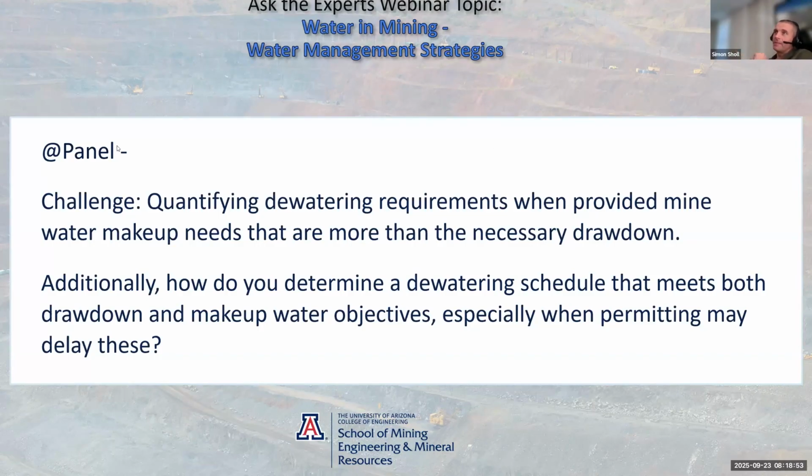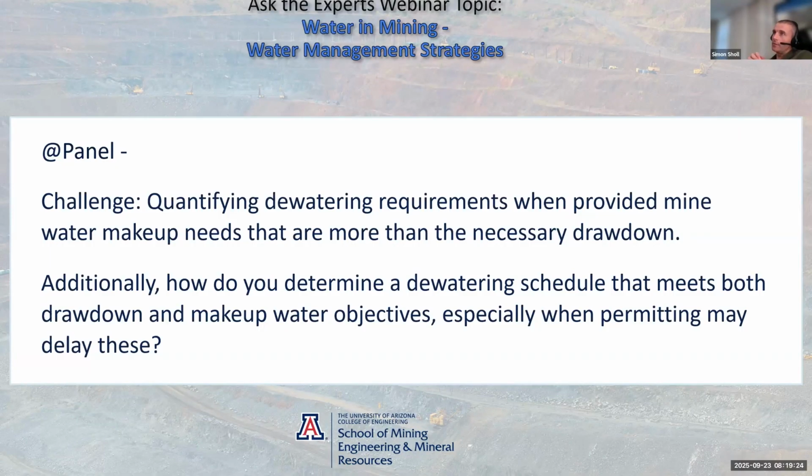I think from bitter experience, you can't necessarily align the two. And whilst the dewatering from pits or underground may be a very valuable makeup source, you can't necessarily align the two because you can't really control where either your makeup needs or your mine dewatering will be going.